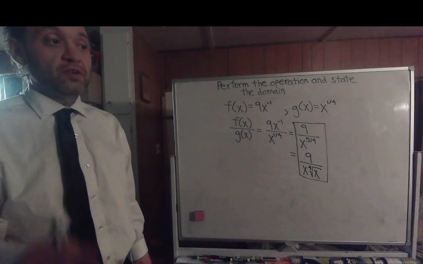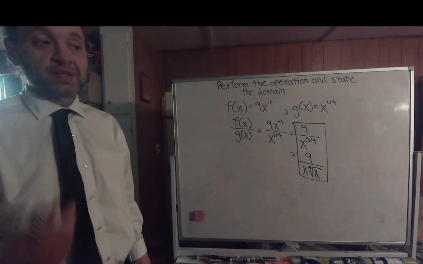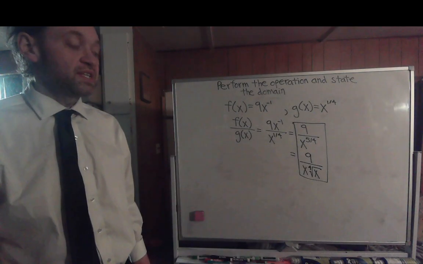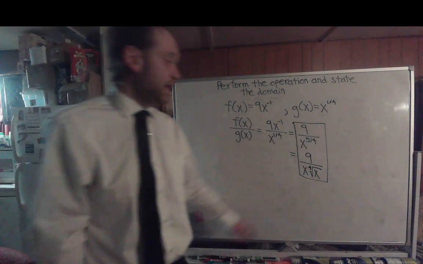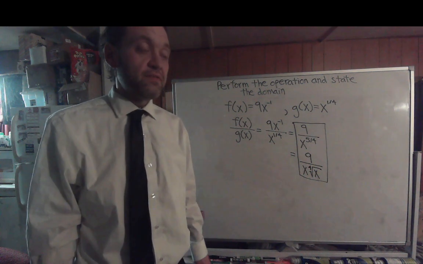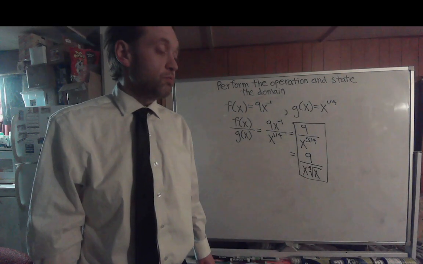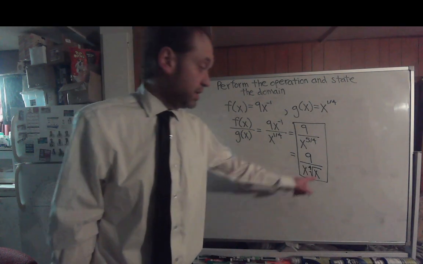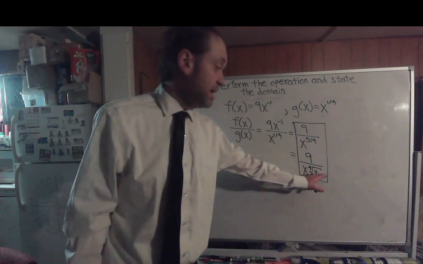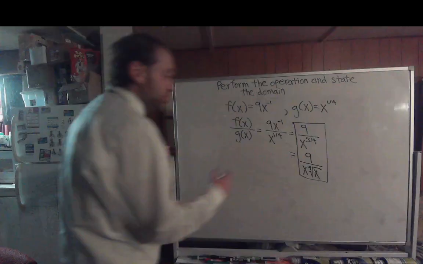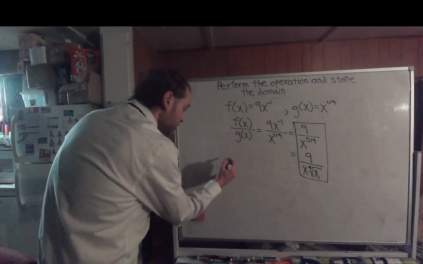Well, it's an even power root, so it would be the same as taking a square root. You can't have an even power root of a negative number in the real number system. So normally we could include 0, but since it's in the denominator, we can't include 0. So we can only deal with positive numbers.